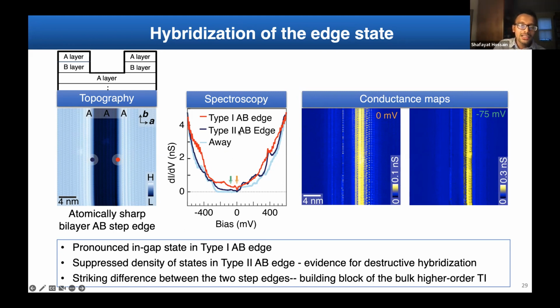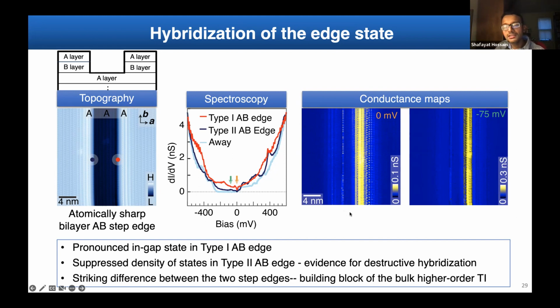So the type 1 and type 2 AB edge show a dramatic difference in the nature of the edge state. So for the type 1, there is edge state, and for the type 2, there is suppression of the density of states. So this is an evidence for a destructive hybridization of this quantum spin Hall edge.